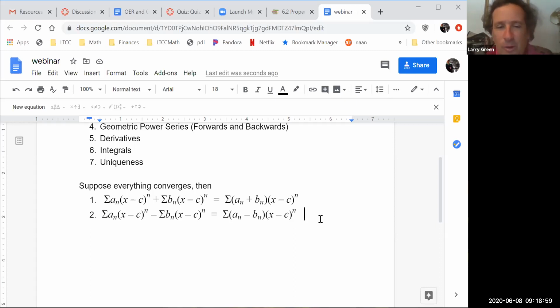We've seen this before in the alternating series test section. Because what this does, 1 and 2, all it does is use the commutative property of addition. But what's the problem? Basically I rearranged all the parts.